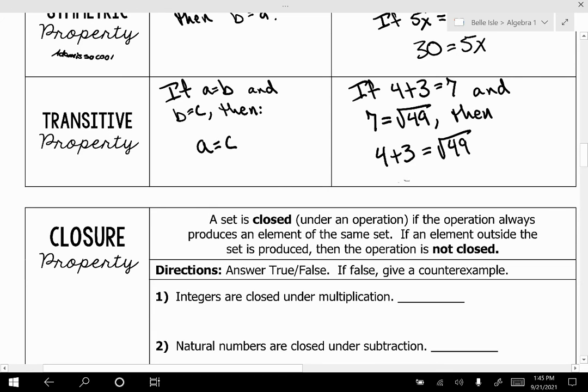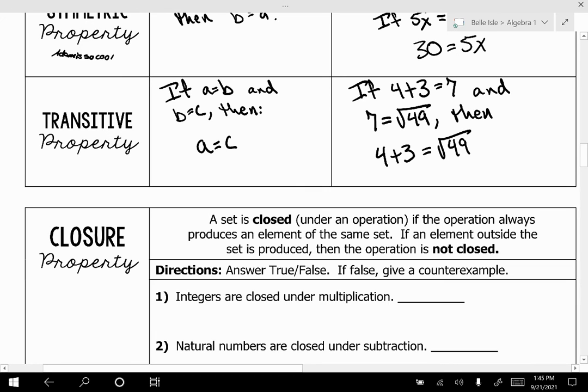Okay, listen. Last one. Okay, closure property. A set is closed under an operation if the operation always produces an element of the same set.